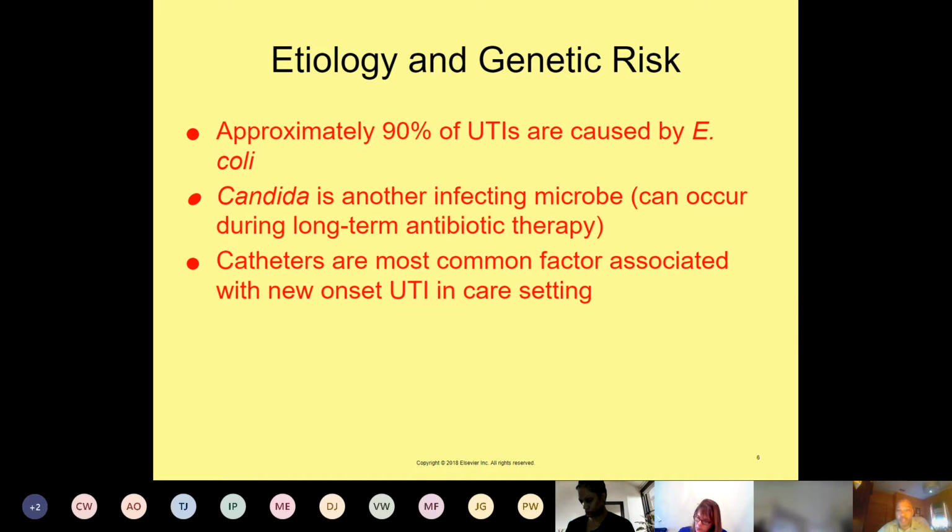And of course, because of that, they can acquire Candida, which is also a fungal infection. All right. And catheters are the most common factor associated with new onset UTI in the care setting, whether that be an acute care setting or a long-term care setting.